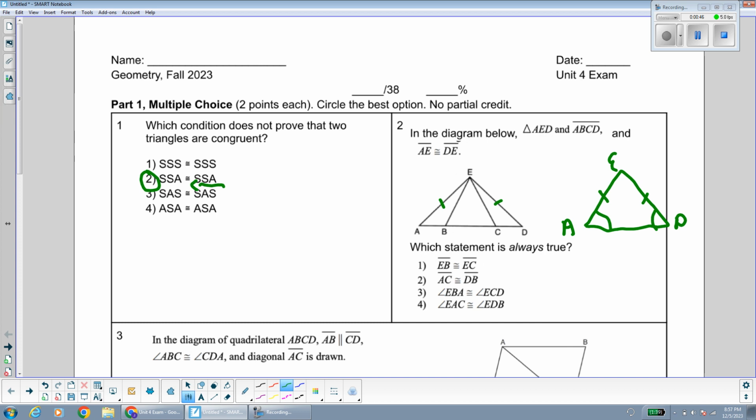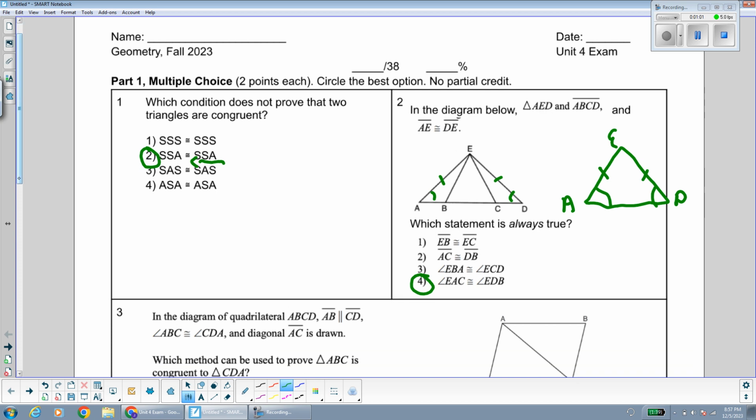If we transfer that into the diagram we have here, that's these two angles. And that's answer choice number 4, angle EAC and angle EDB.